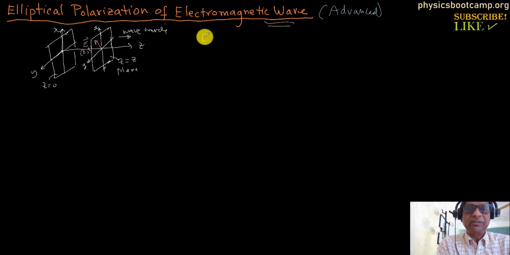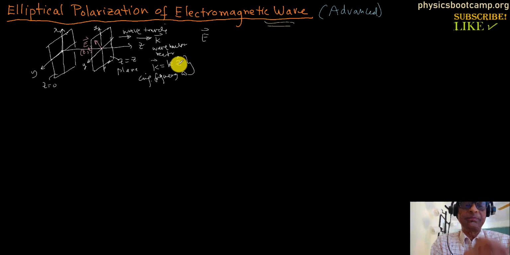So this is the wave direction, and this is the direction of the so-called k vector, the wave number vector. k here will be some value k times z hat, and the angular frequency will be omega. So that is the notation we're going to use.